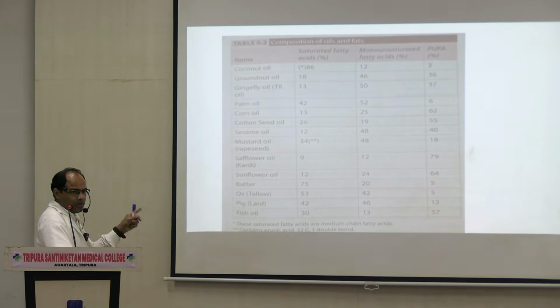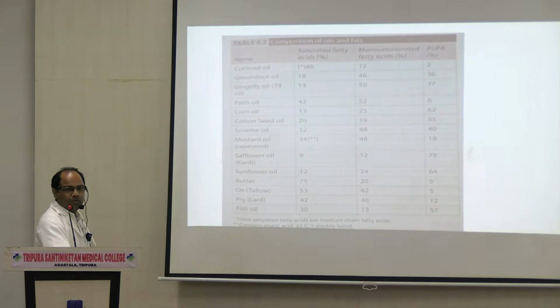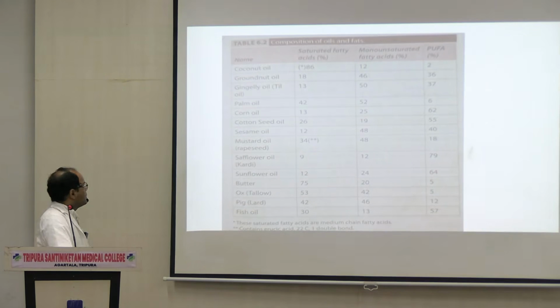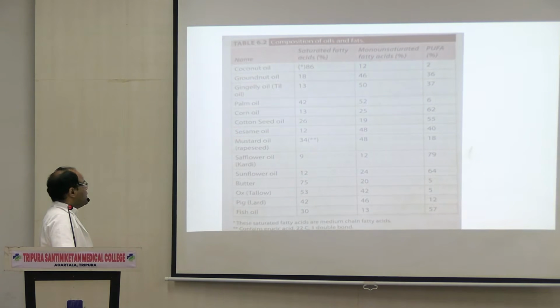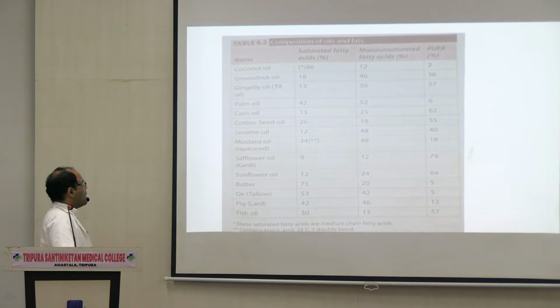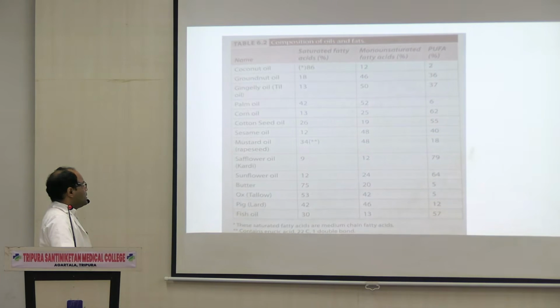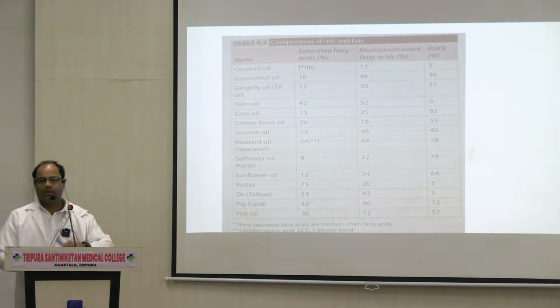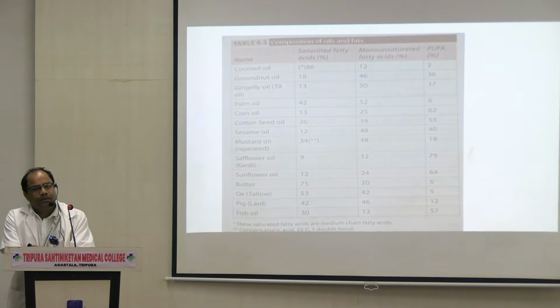This is a very important table for your MCQ. Safflower oil, 79% PUFA. Sunflower oil, 64%. This table is very important. I have taken this table from Vasudevan.